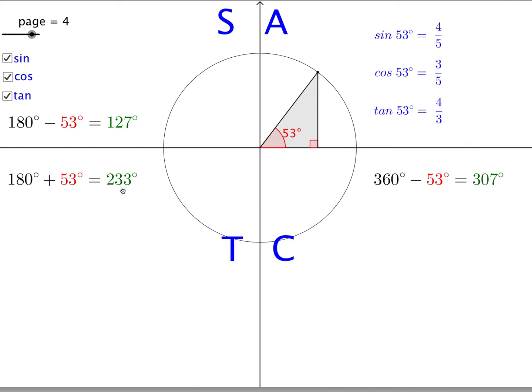You turn 233 degrees. 180 plus 53 is 233. And if you want to get a 53 degree triangle in here, a 3, 4, 5 as it was, you want to be 53 degrees short of 360. So the angle, 180 minus the angle, 180 plus the angle, 360 minus the angle give 4 related angles. 53, 127, 233 and 307 are the related angles.